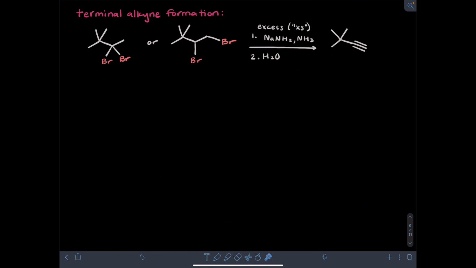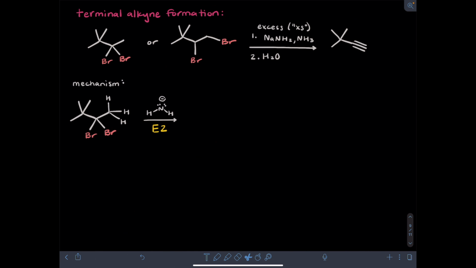I'm still treating the dihalide with excess NaNH2 and NH3, where the NH2- is what you have to pay attention to. But for terminal alkyne formation specifically, there is a second step necessary: treatment with water. And the mechanism I'm going to draw shows why this water is important.